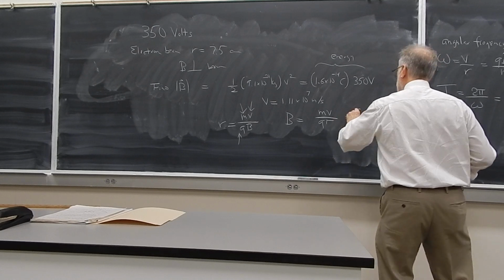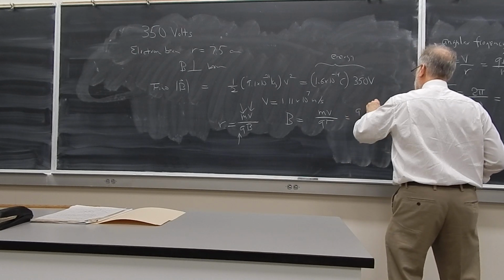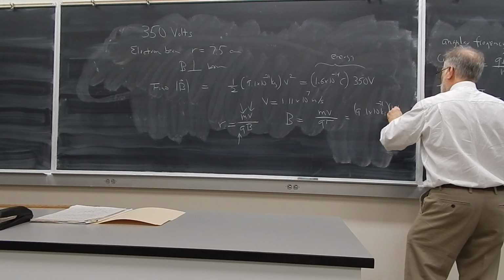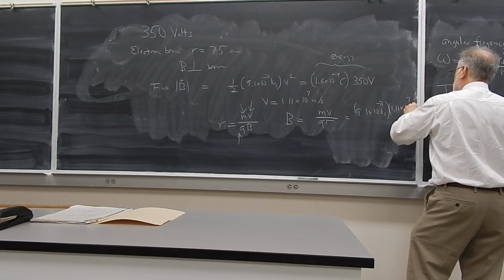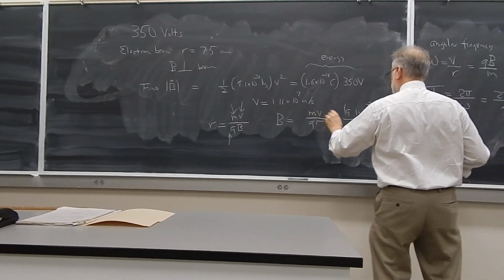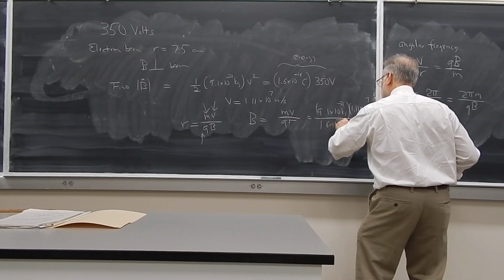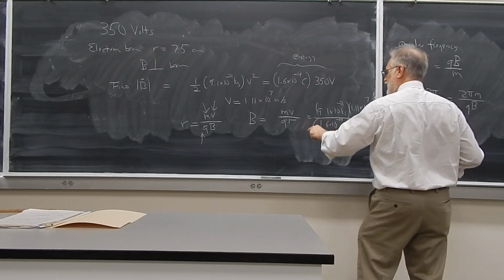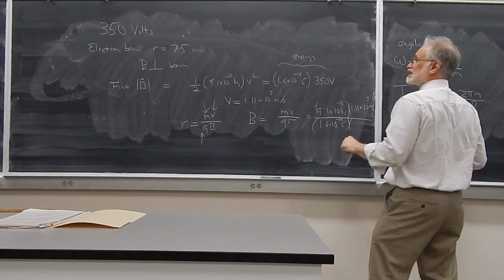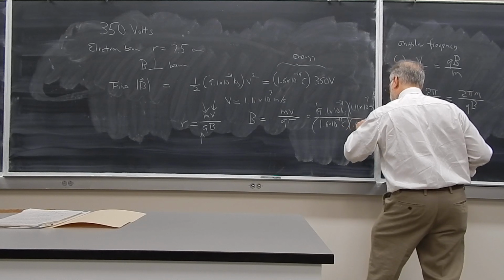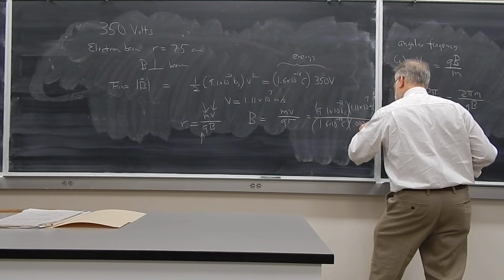And given that m is 9.1 times 10 to the minus 31 kilograms, and the velocity is 1.11 times 10 to the 7th meters per second, and I divide by the charge of the electron, 1.6 times 10 to the minus 19 coulombs, times the radius, which was given as 0.0075 meters.